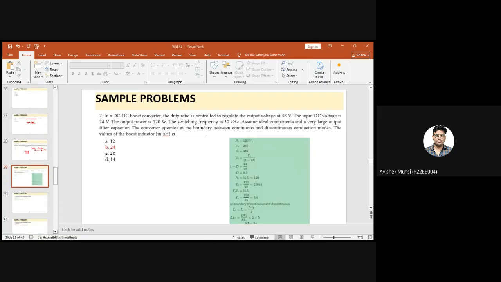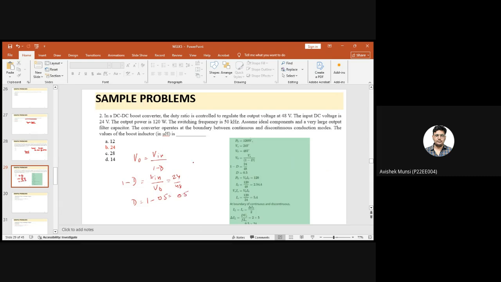Fine. So if we solve it, we know that in the case of the boost converter, the output is Vin by 1 minus D, right? So 1 minus D equal to Vin by V0, so D equal to 1 minus 0.5, which is 0.5.